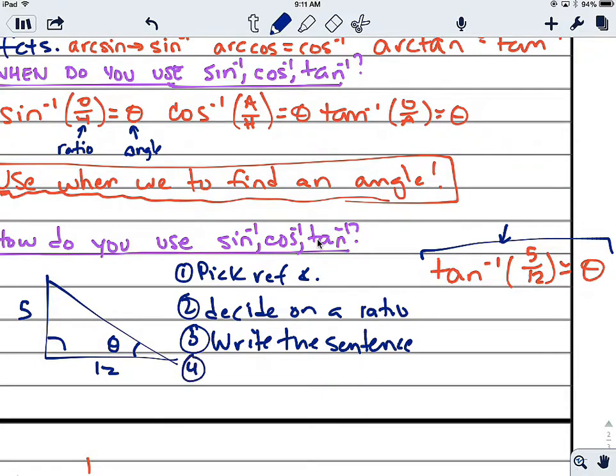And number 4, solve. Here we're probably going to use a calculator exclusively. I'm going to ask you to understand what the tangent function is, but all it's doing is taking 5 divided by 12, finding the value for it, and then searching like a big trig sheet until it finds the angle that hits it. So 5 divided by 12.